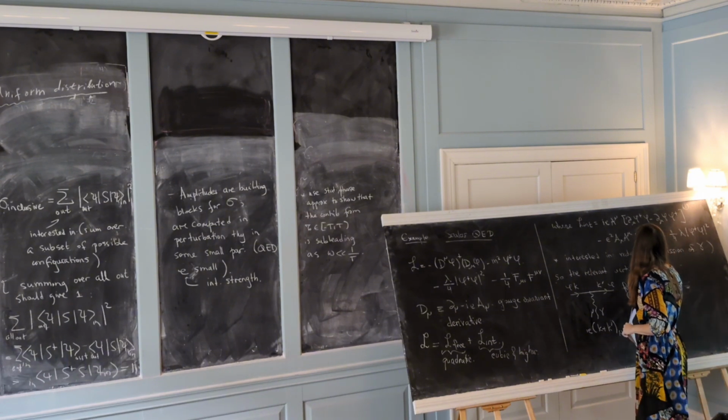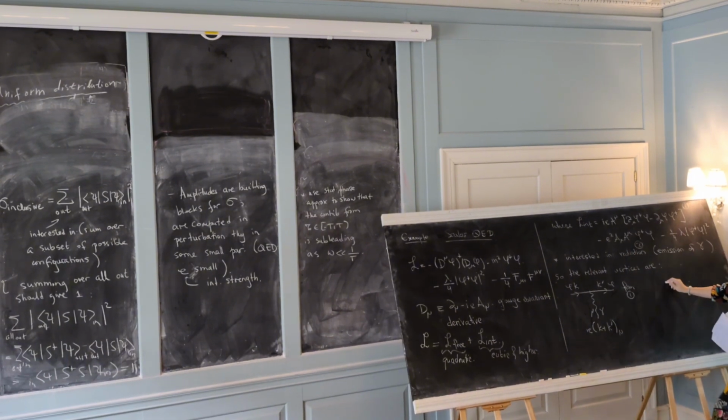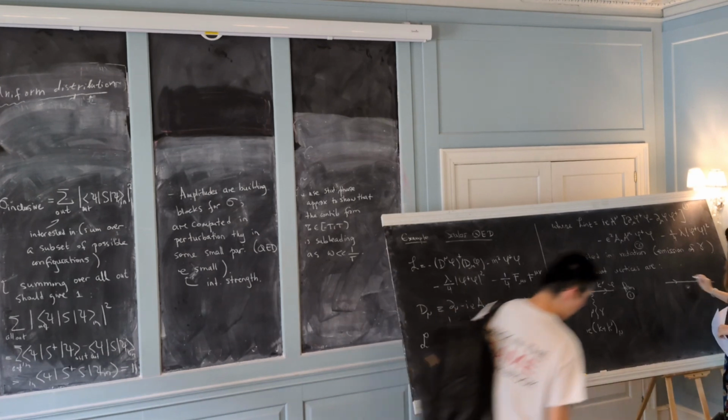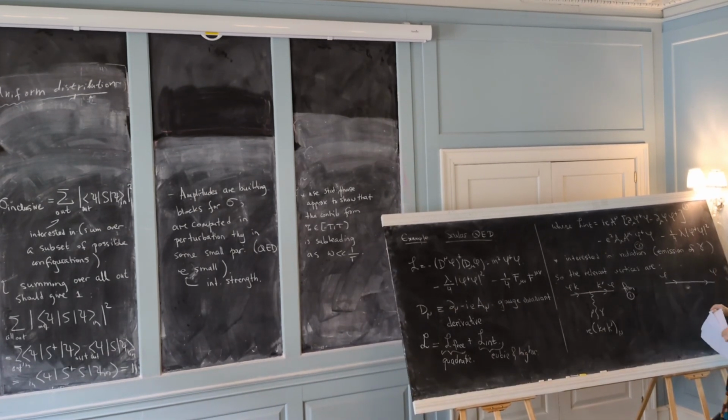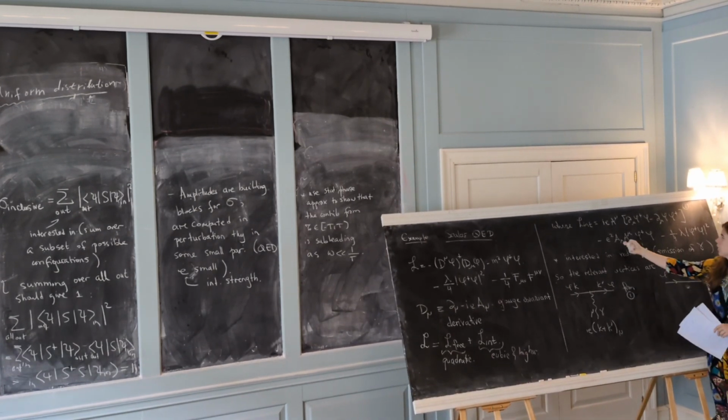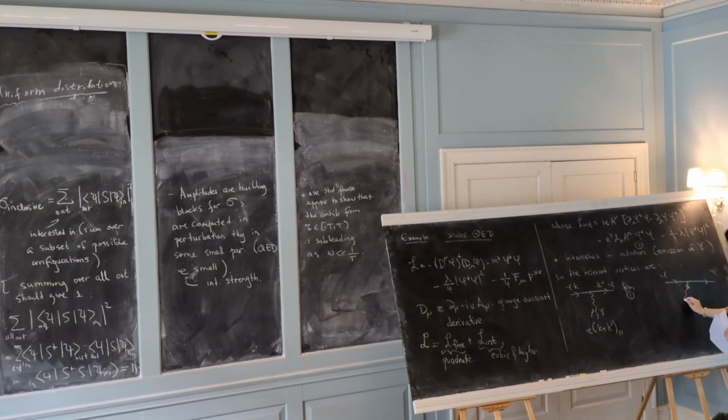Now from the second term, we can also have something that looks like this. Again, we have an incoming scalar, an outgoing scalar, and then two photons emitted from the same point. We can put in momenta, but it doesn't matter. From this diagram, you can just read off that the vertex here has to be minus 2i e squared eta mu nu.